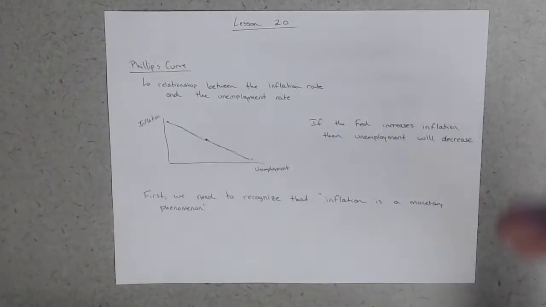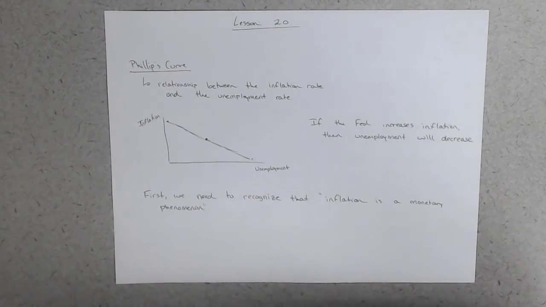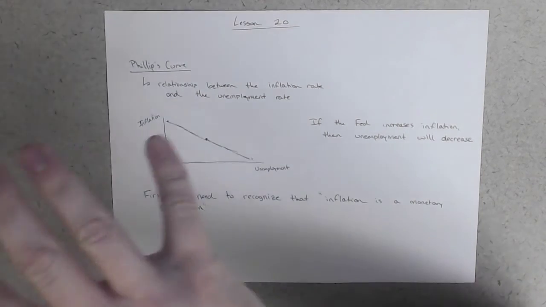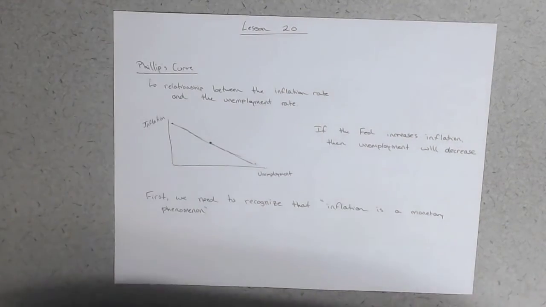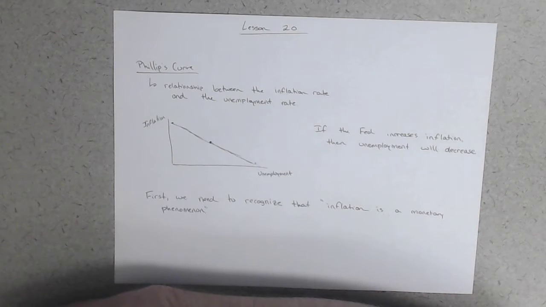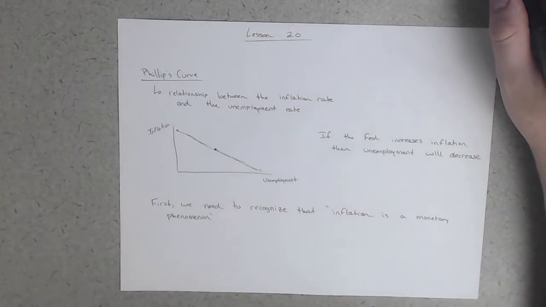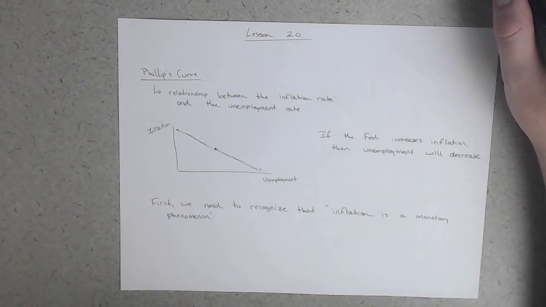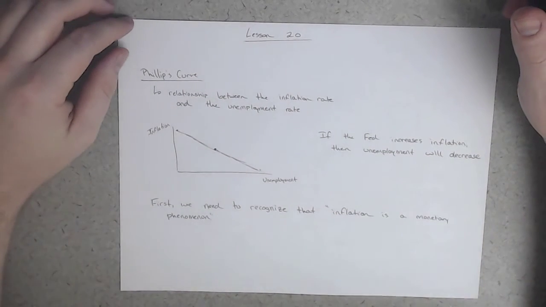The idea behind this is fairly intuitive. If I were, let's say, to double every single person's bank account tonight, and none of the prices change at the store, you're going to go out and probably spend and buy a lot of stuff, right? You'll increase your spending, just like expansionary monetary policy says. But what do you think all the stores are going to do the next day? They're probably going to double their prices.